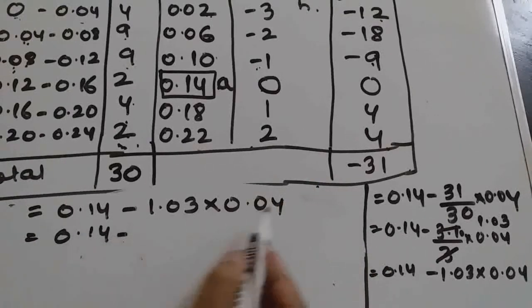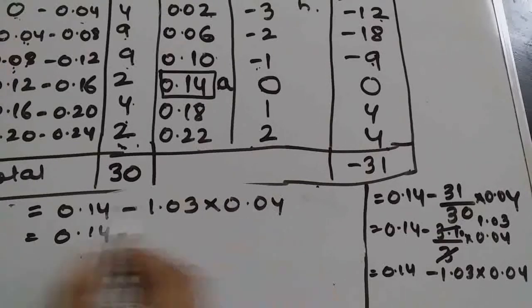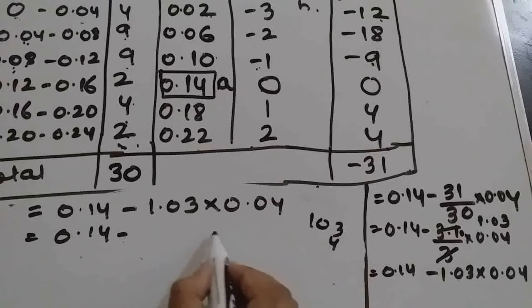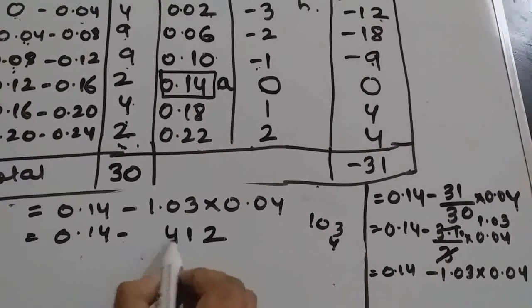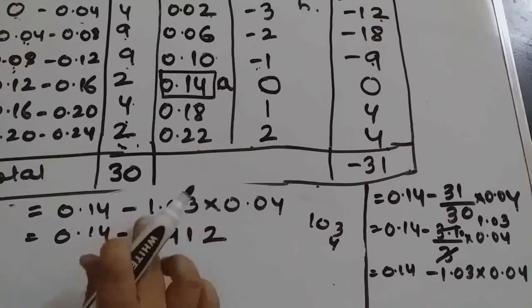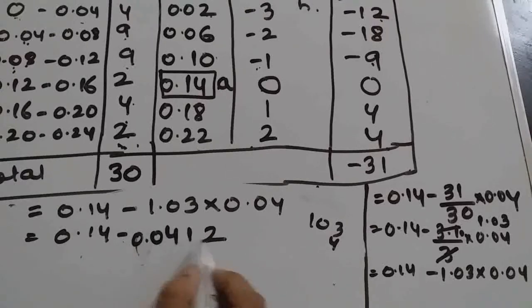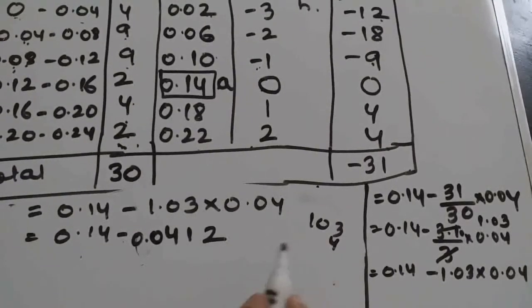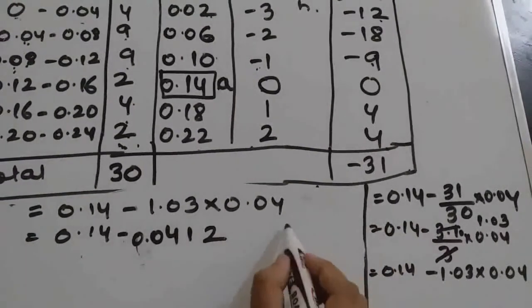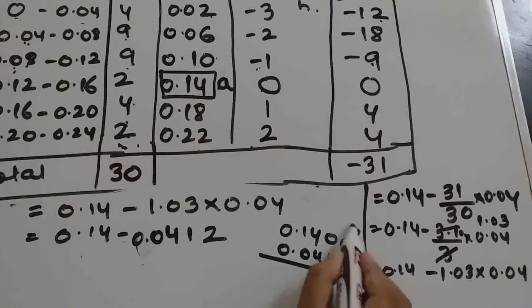Multiply these two numbers. Before that we will avoid the decimal. Okay. So 103 and 4. So 4 threes are 12. Okay, 4 ones are 4, and then after how many digits is 0 there? 4. So 0.0412 will come. Now to subtract this, 0.1400, because after the decimal 4 digits are there.